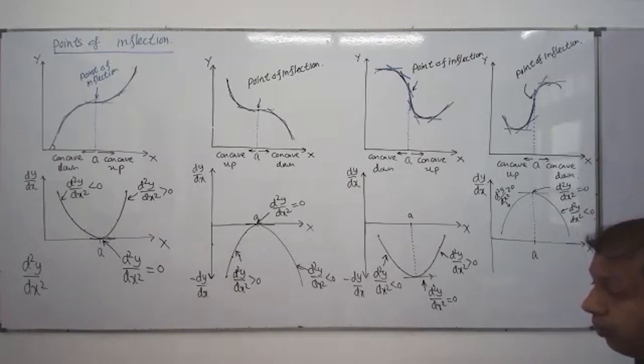Write down, that is d2y over dx2 equals 0.